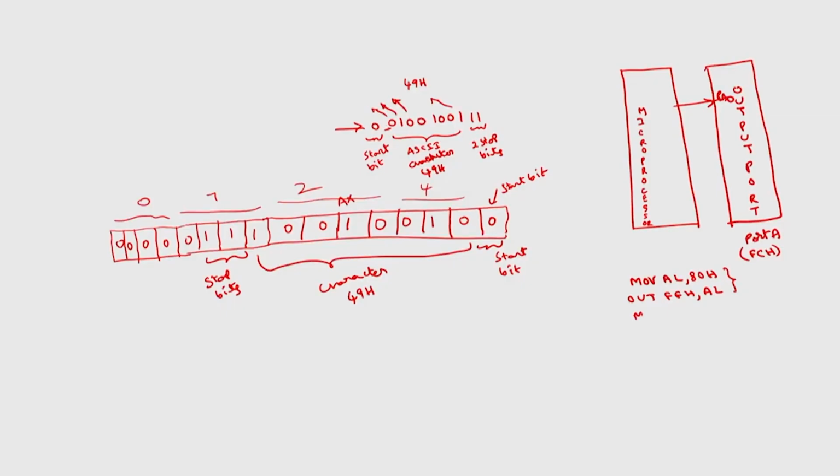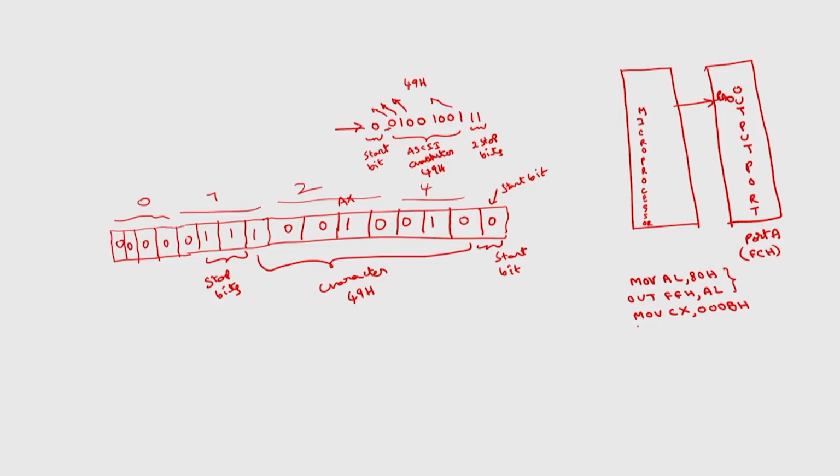Now, I have to send one by one a total of 11 bits. So, I will take the counter CX with 11, 000BH, the hexadecimal equivalent of 11 being B. Then because I have to send on PA0, in AX I will take the total character, start and stop bits and the remaining bits of zeros.